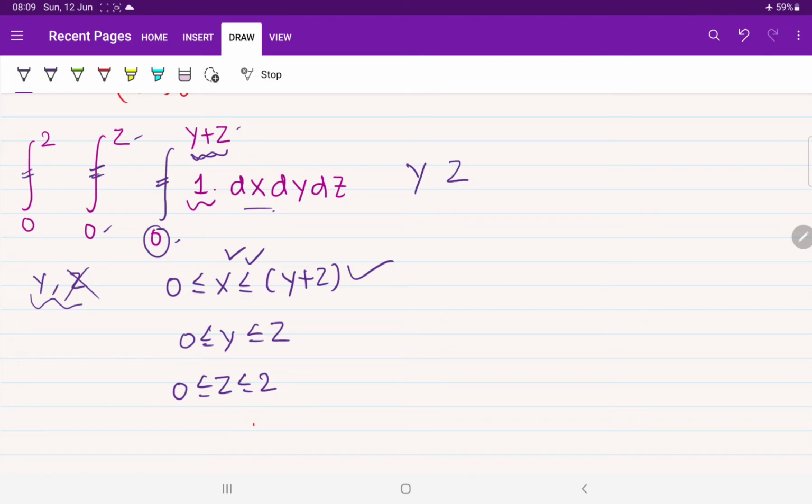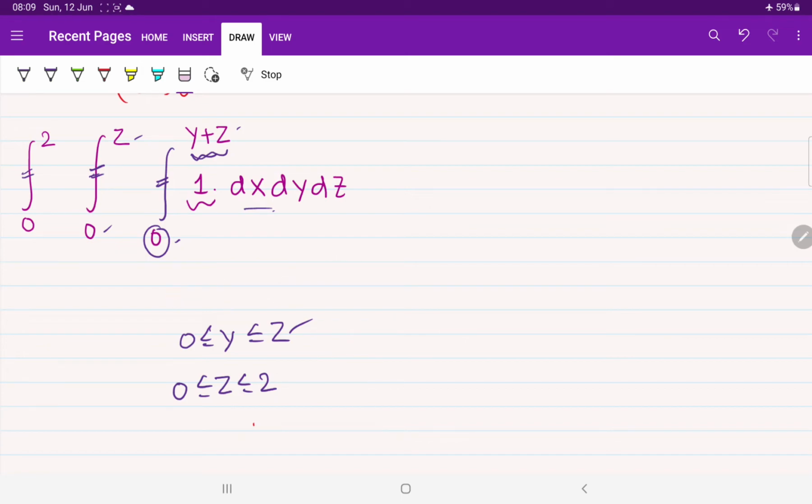Now focus on the second limit, from 0 to z. Out of these two variables, which is missing in the second limit? Y is missing. So y varies from 0 to z. After that, finally we are left with only z, so the final limit automatically goes for z. This is how you have to identify the triple integration variables when the limit has been specified in terms of the integration variable. Now I hope you all understood this.